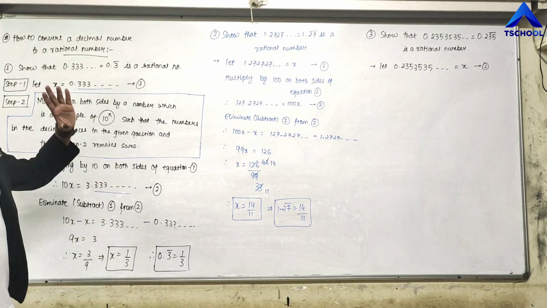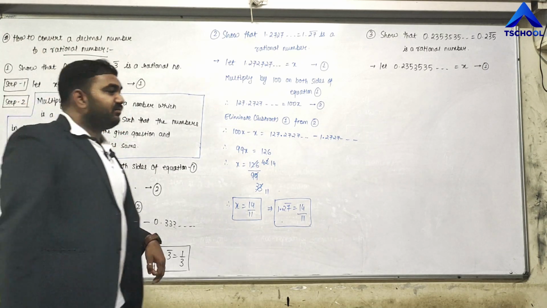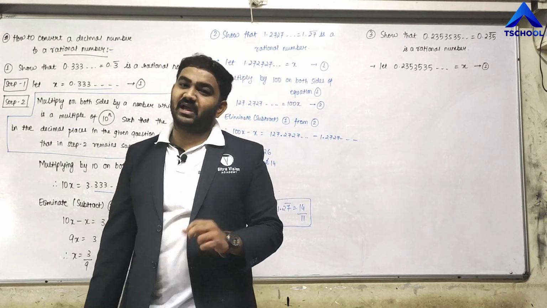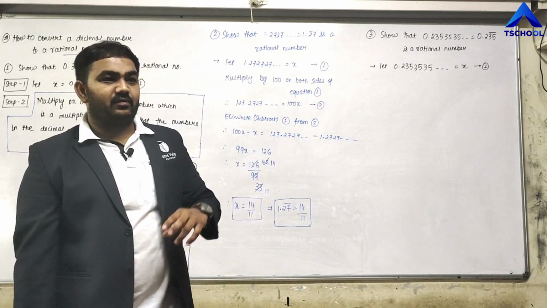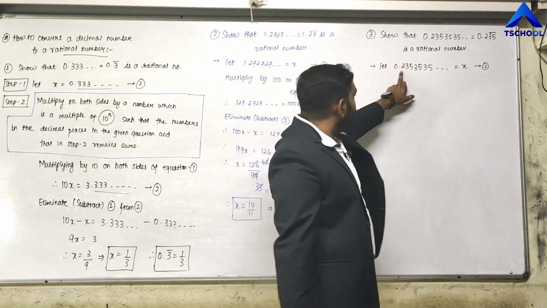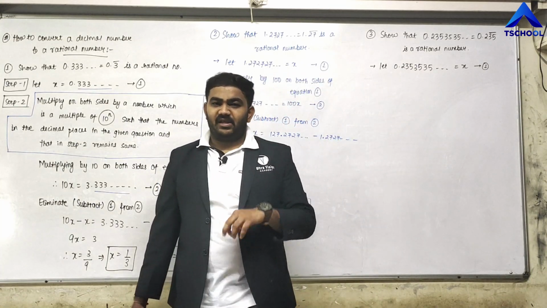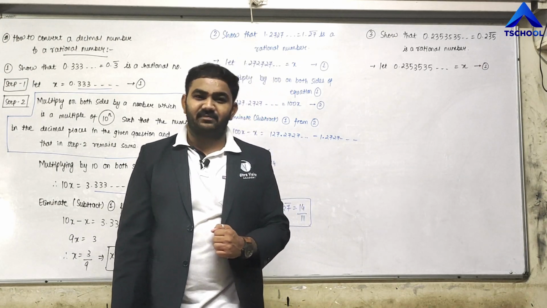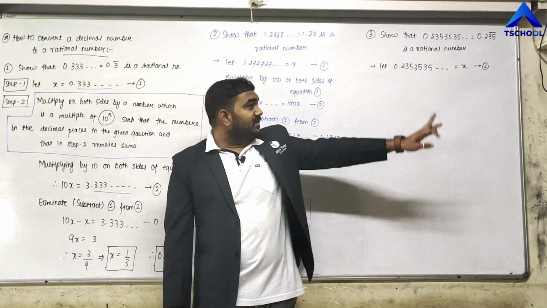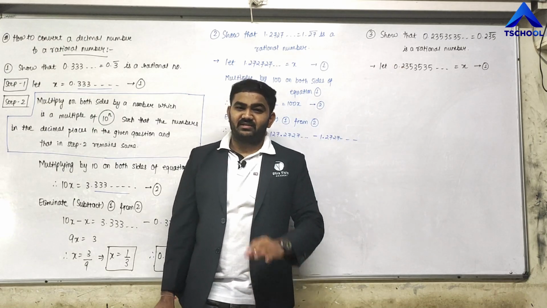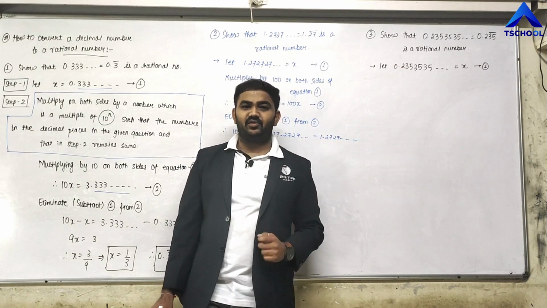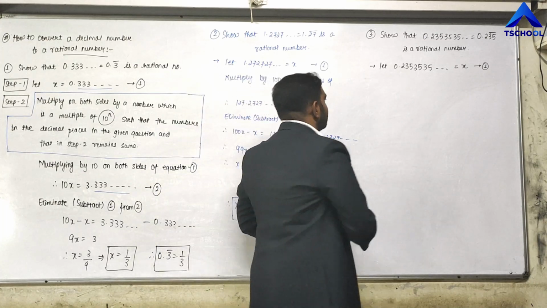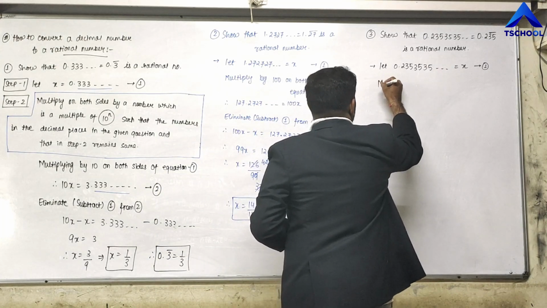So friends, this equation number 1 will now be multiplied two times so that we can make them the same, because see, there is this 2 extra. If we multiply it by 100, then also we are not going to get the same decimal number, because in the first equation we have this 2 extra. So first of all, we need to make that 2 come out after the decimal point.